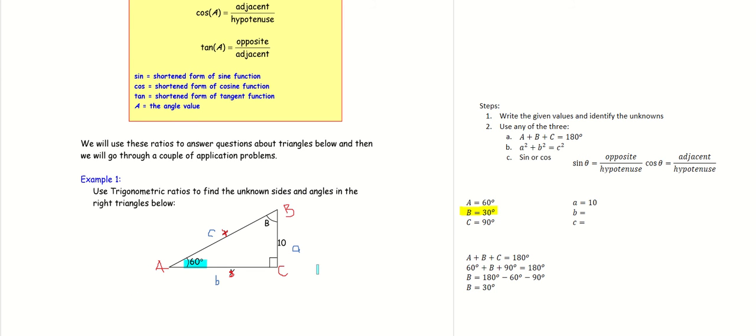Okay? So, kung 60 yung angle ko, meaning, ito, ang opposite. Tapos, ito yung adjacent. Okay? So, if 60 is my angle, then 10 will be my opposite side, and B will be my adjacent side.